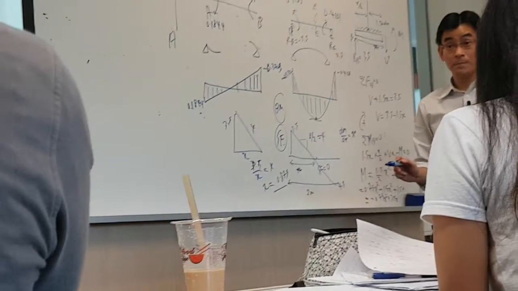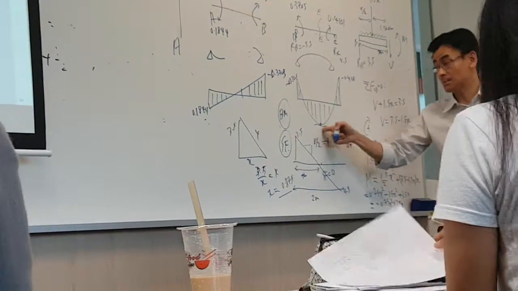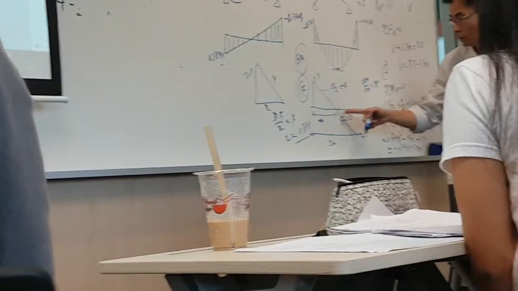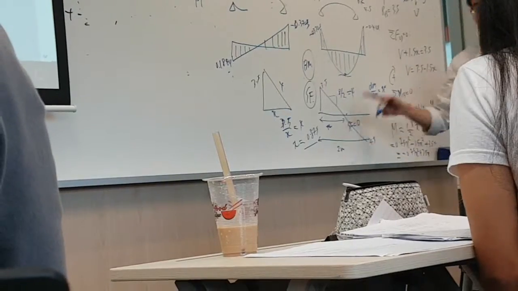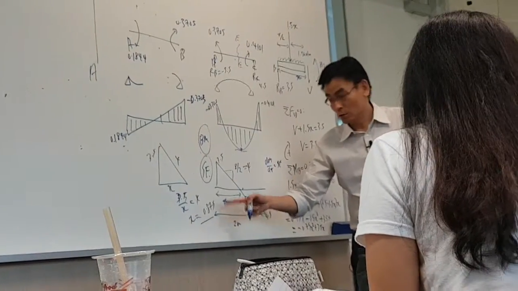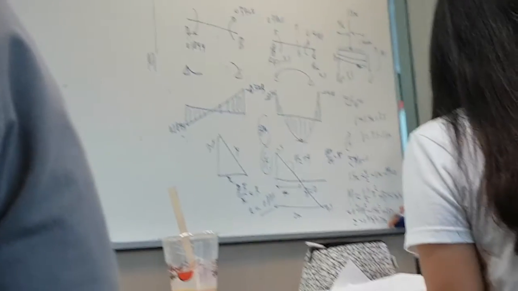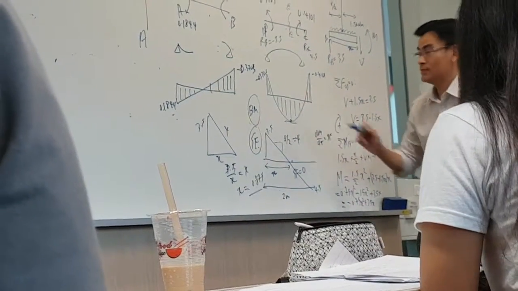So you know where the moment is maximum, because that corresponds to shear force equal to 0. As shear force equals 0 at x equal to 0.875, you substitute x equals 0.875 into the moment equation you have obtained. Then you can determine the value here.